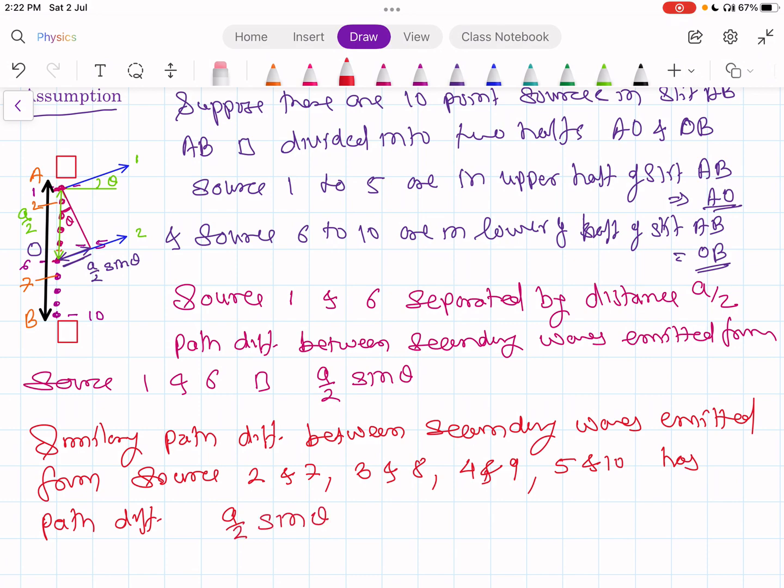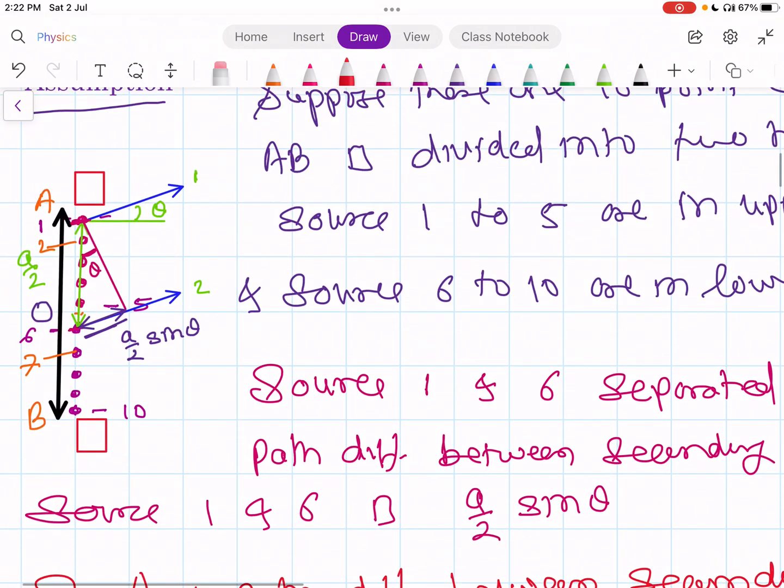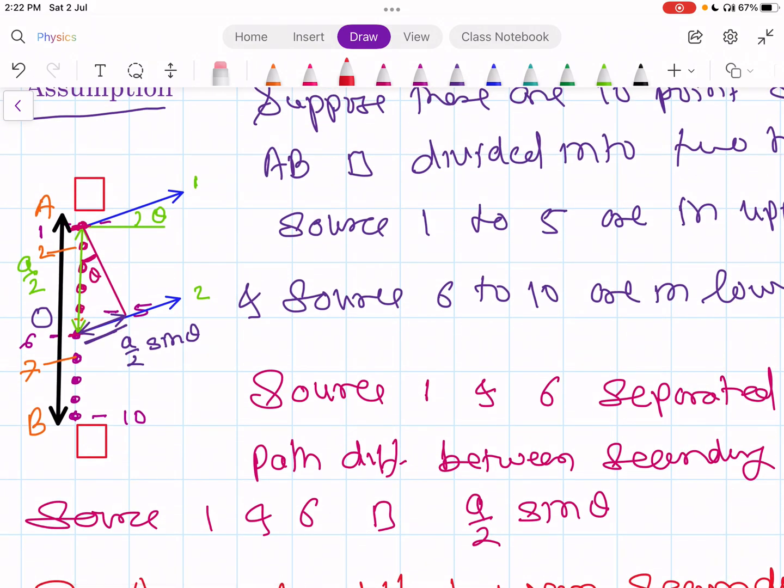So in this case, what we are considering is one secondary wave from the upper half of slit AB and another secondary wave from the lower half of this slit. So secondary waves emitted from source 1 and source 6, the path difference between them is a/2 sin θ.